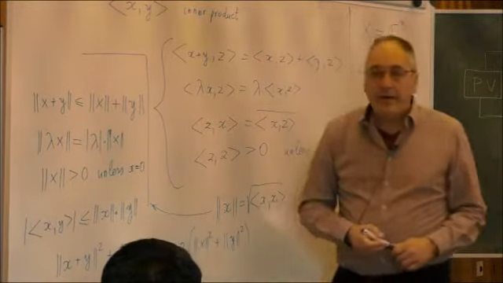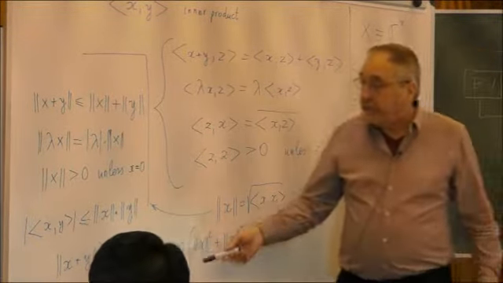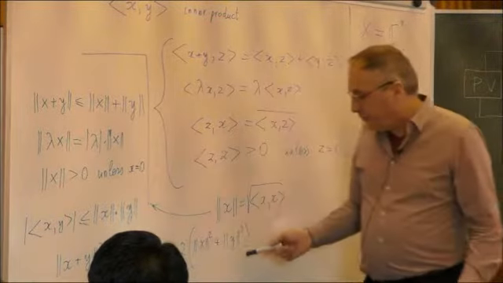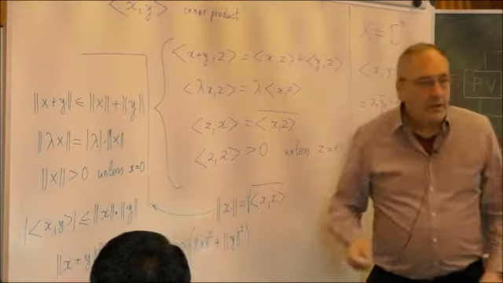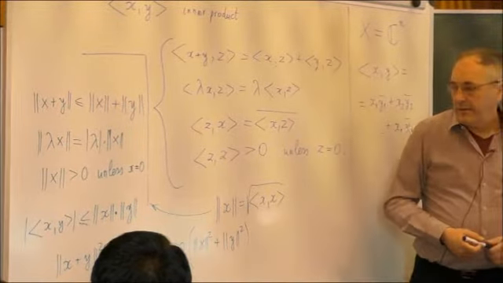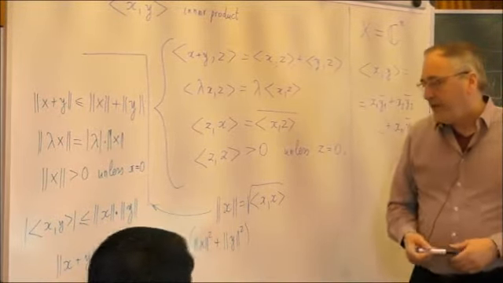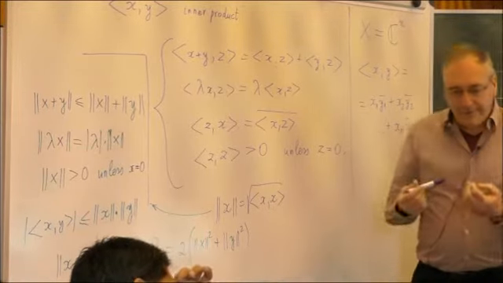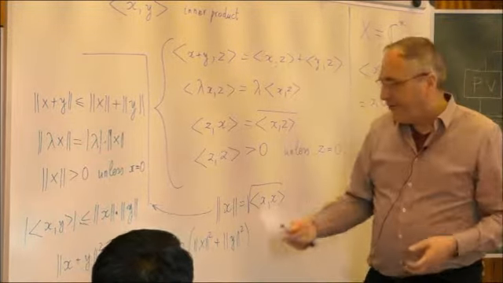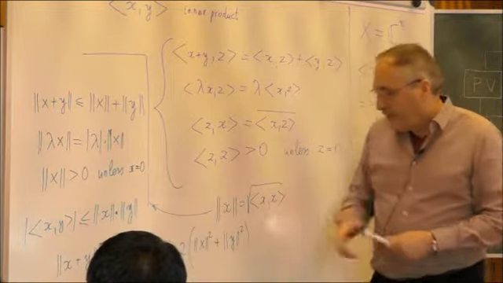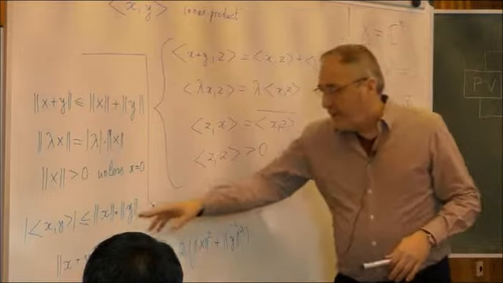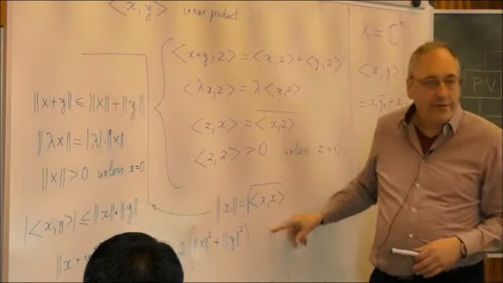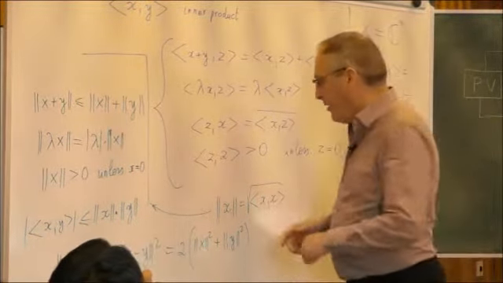This is called the parallelogram identity. It is not true for any norm, but it is true for a norm which is obtained from an inner product. Actually, it is what characterizes the fact that the norm is derived from an inner product. I mean, if this identity is true, then it means that the norm has been obtained from an inner product. It's if and only if.